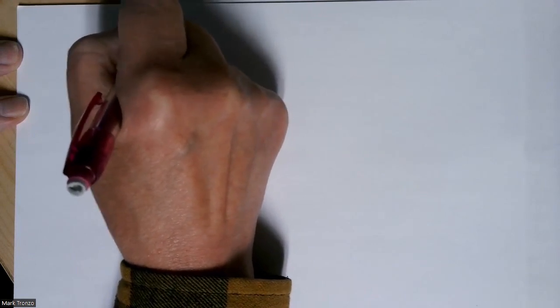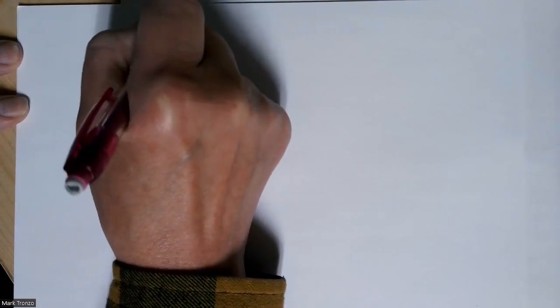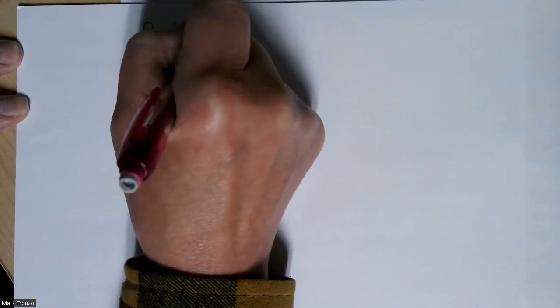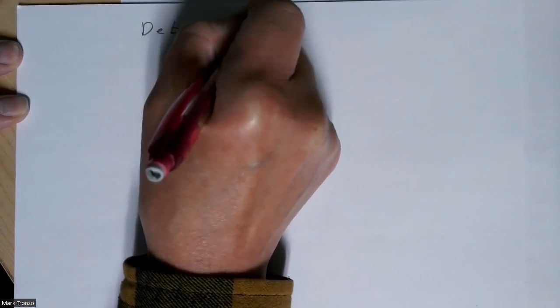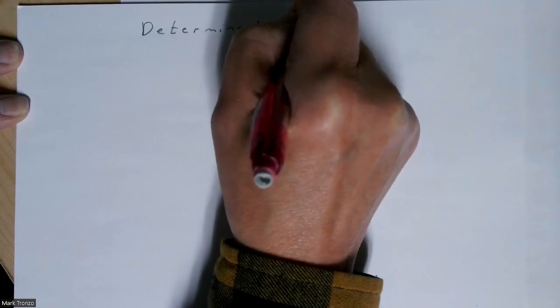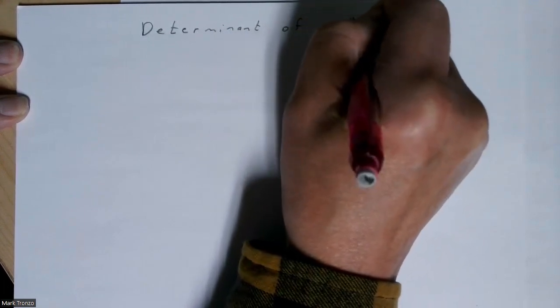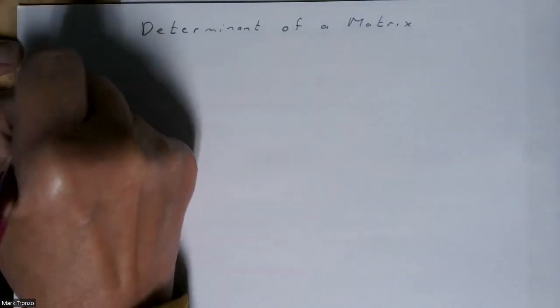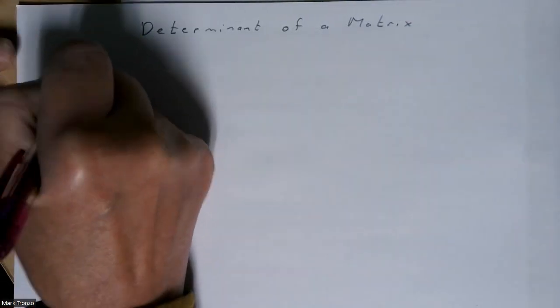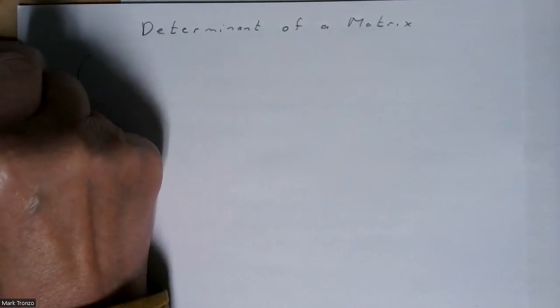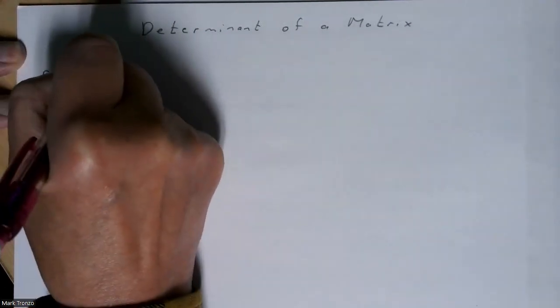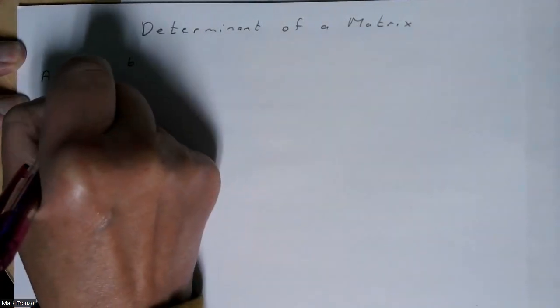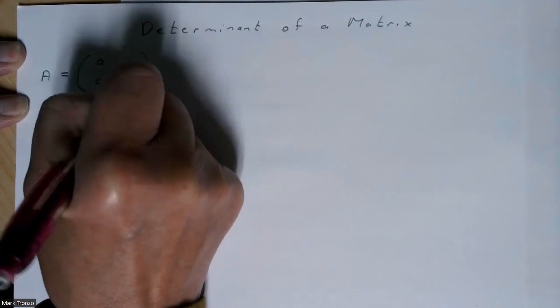In this video, we're going to talk about the determinant of a matrix. Let's start with, say, a 2x2 matrix. Say we have a matrix, let me call it A, and we have a, b, c, d.